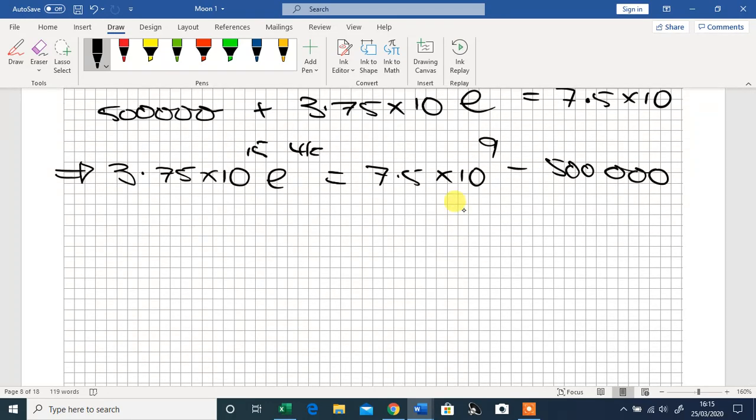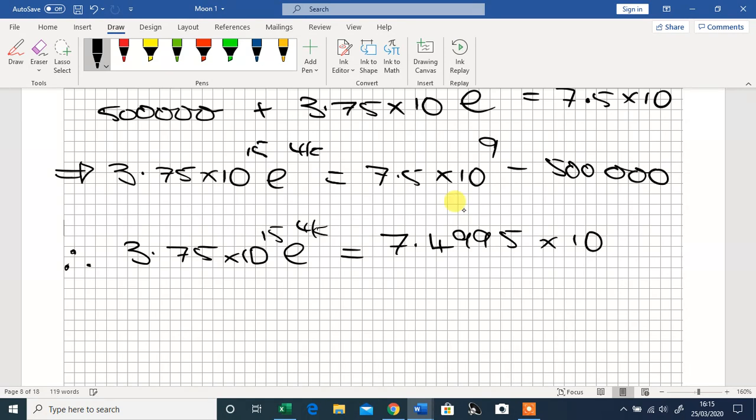So this comes out to be equal to, therefore, 3.75 times 10 to the 15 e to the 4k equals 7.4995 times 10 to the 9.